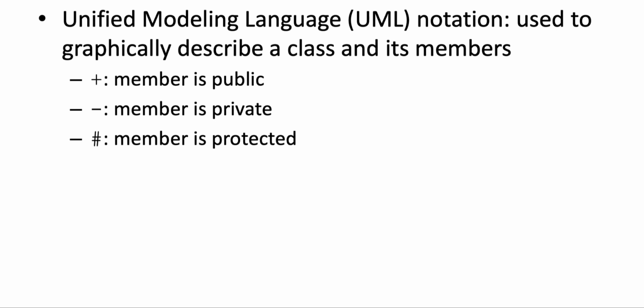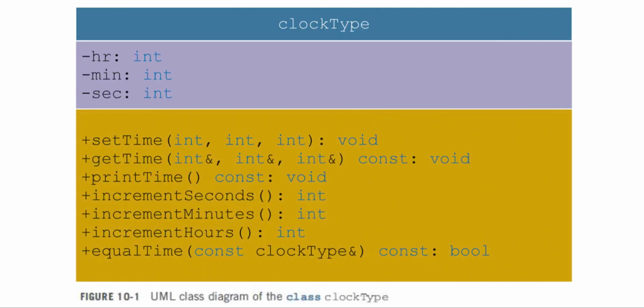A class and its members can be described graphically using a notation known as the Unified Modeling Language, or UML notation. For example, a UML notation, as you can see in this slide, is defining the class ClockType. The top box contains the name of the class. The middle box contains the member variables and their data types. The last box contains the member function name, parameter list, and return type of the function.